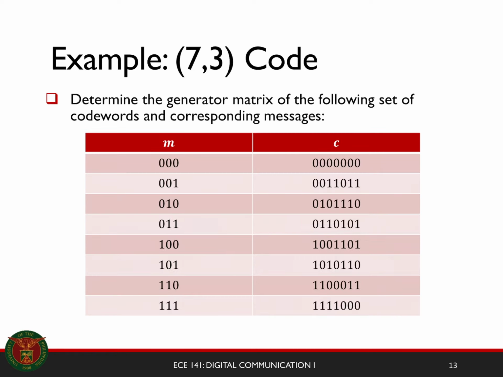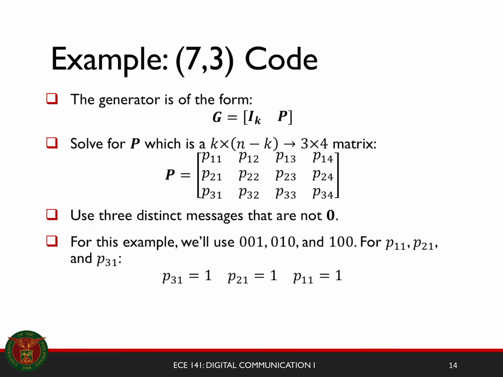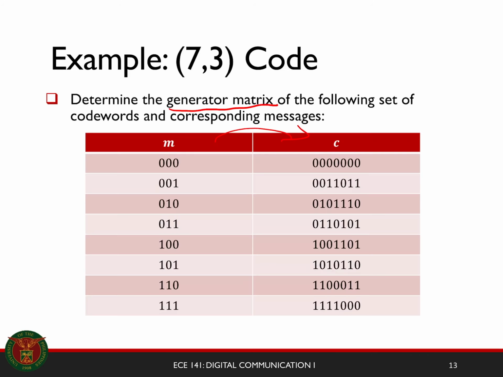So another example: determine the generator matrix given your following set of code words. So this is the mapping from your message to your code, and determine the generator matrix. I suggest you ignore the next two slides. A better way to solve this is that you just take 0 0 0, 0 1 0, 1 0 0.